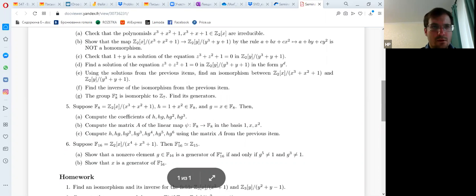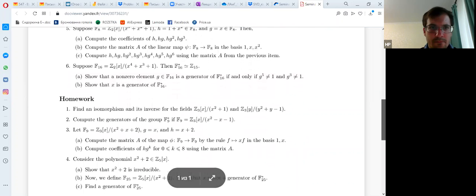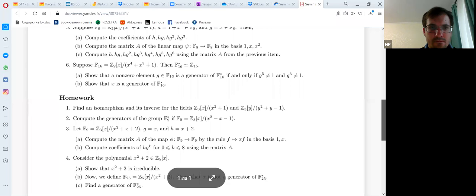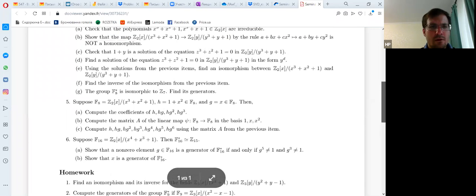Okay, let us do point C in number 4. Okay, no. Let us deal with the fifth task, and I want to give some solution of the fifth.